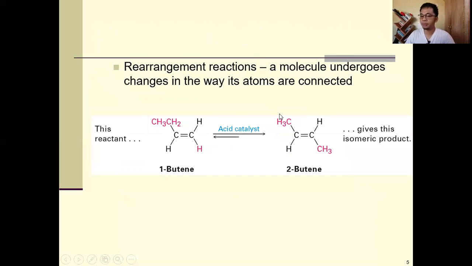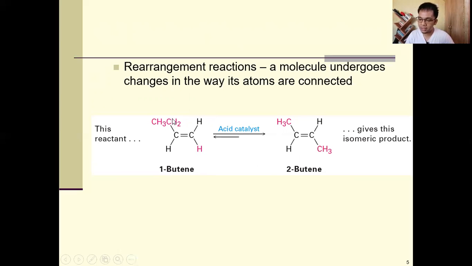In our rearrangement, only one molecule is involved, but the connectivity of certain atoms was rearranged and bonded to another atom, such as the example of 1-butene becoming 2-butene.